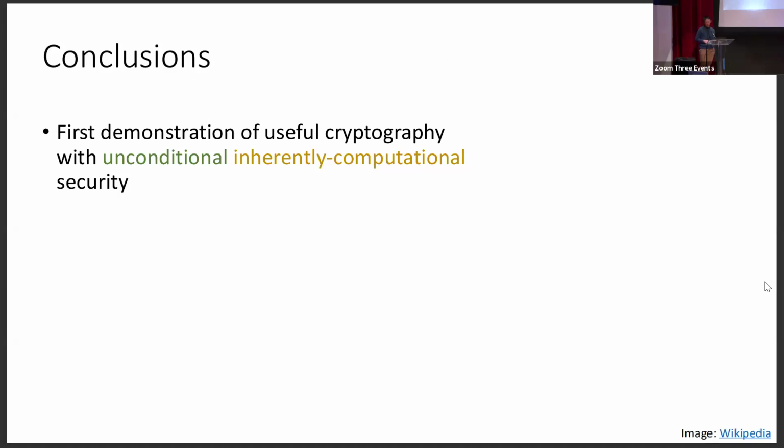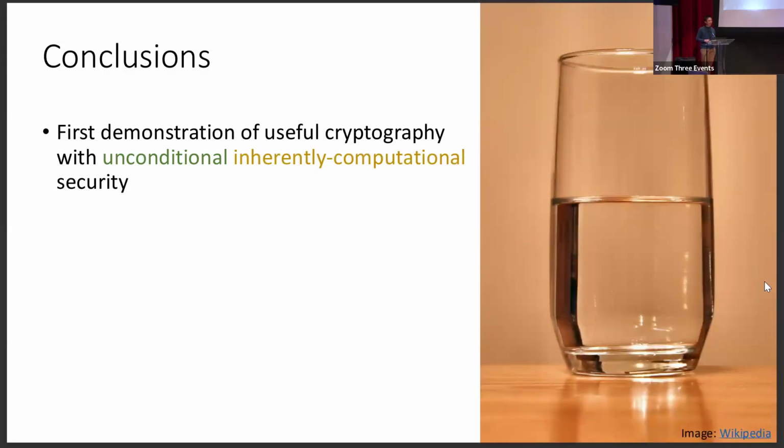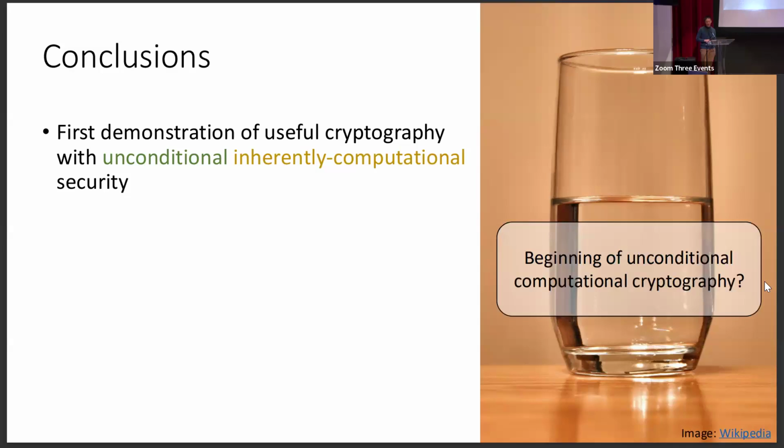Basically, we show the first demonstration of some useful cryptographic task, no matter classical or quantum, that has the desirable feature of unconditional security. What's interesting is that this security is inherently computational. I like to interpret this with a half full, half empty mentality. If you are very optimistic, maybe you can say this is the beginning of unconditional computational cryptography, which could be exciting.